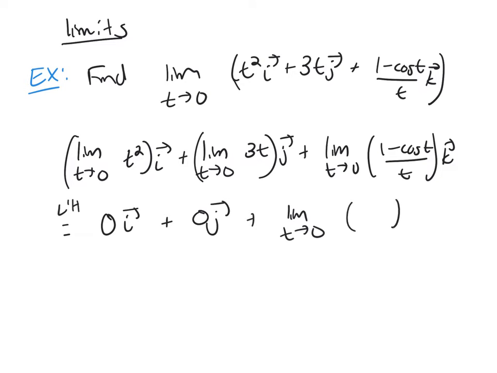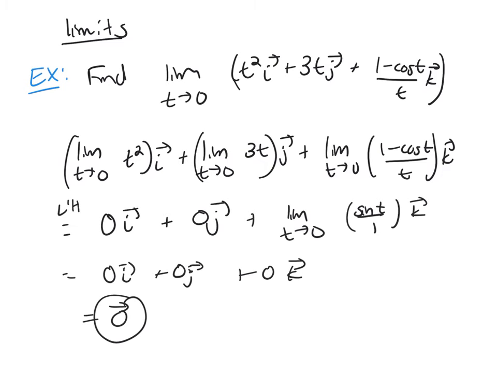Now take the derivative of the top. The derivative of 1 is 0. The derivative of minus cosine t is a negative sine t, so it becomes a positive sine t. The derivative of t is 1. So now you can plug in 0 in place of t, and sine of 0 is 0. So in this case, you just get the 0 vector back.